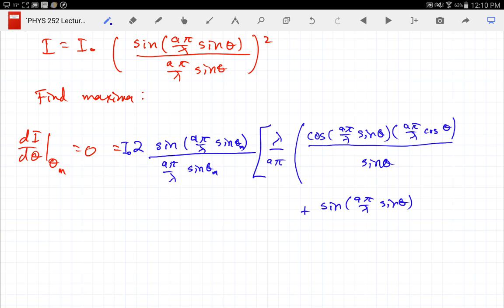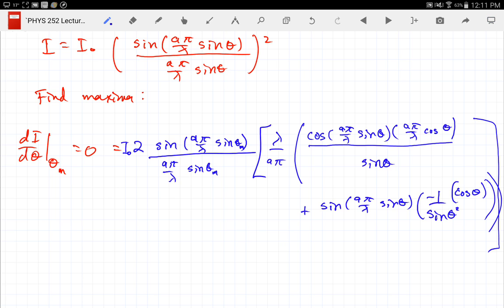Derivative of 1 over sine theta is going to be minus 1 over sine theta squared times derivative of sine theta, which is cosine theta. There you have it. And we want to set this equal to 0.